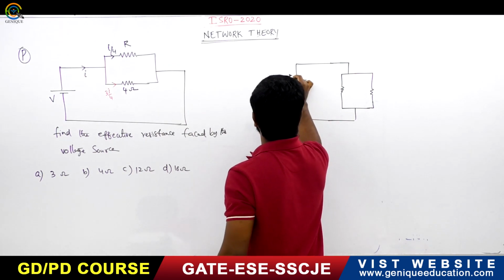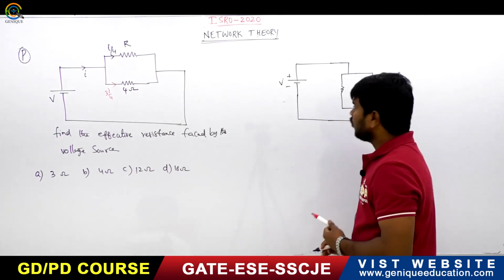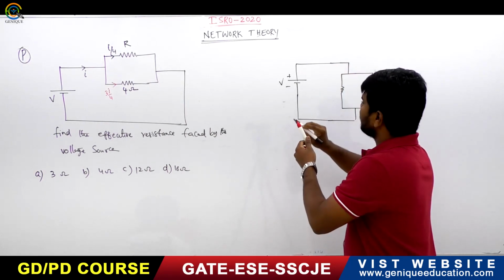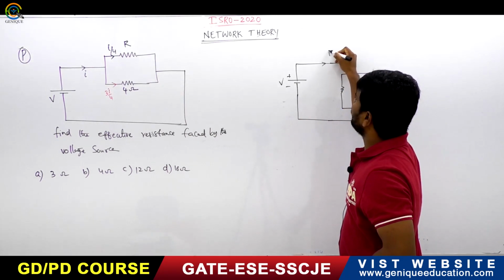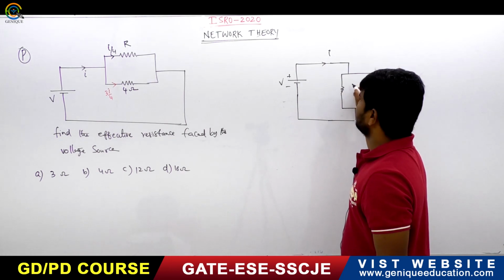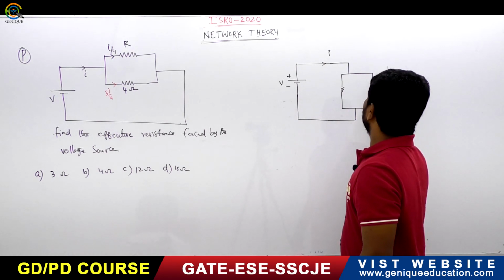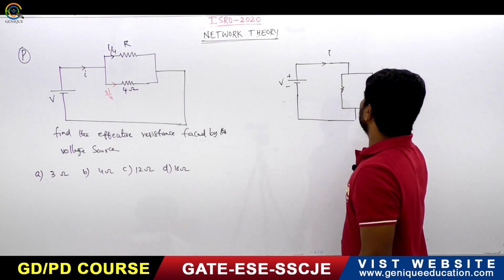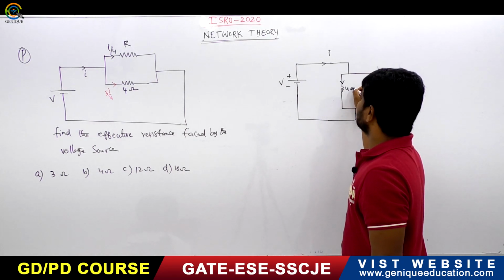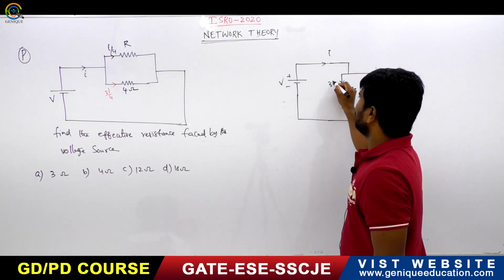I amount of current is coming here. Here it is R, then 4 ohms with I by 4, and 3I by 4 in the other branch.